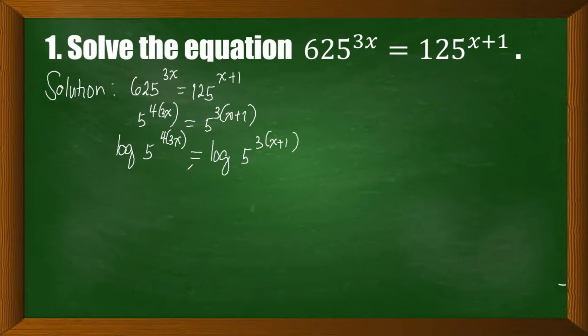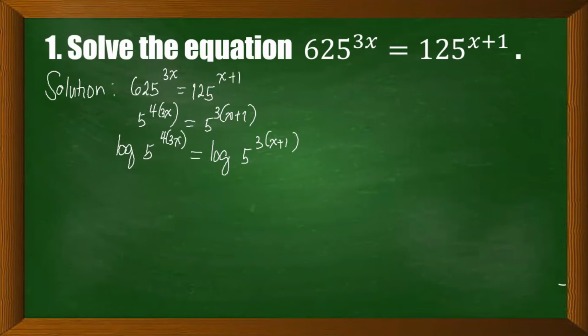Now, take note that whatever operation is applied to the left-hand side must also be applied to the right-hand side for us to say that they are equal, right? So since we apply the logarithm on this side, we also apply the logarithm on this side. Now applying the law or property of logarithm, we have to simplify this one first.